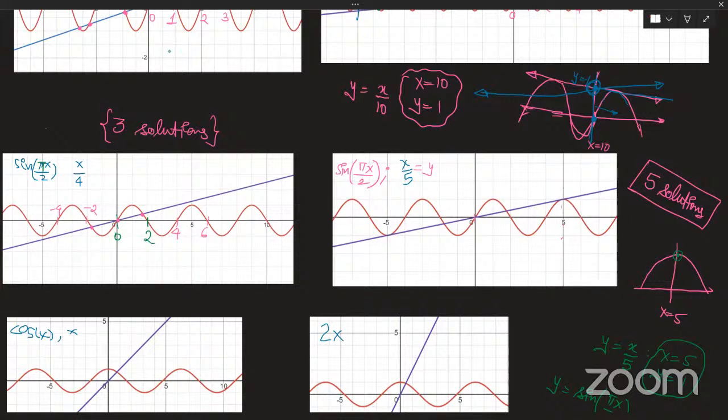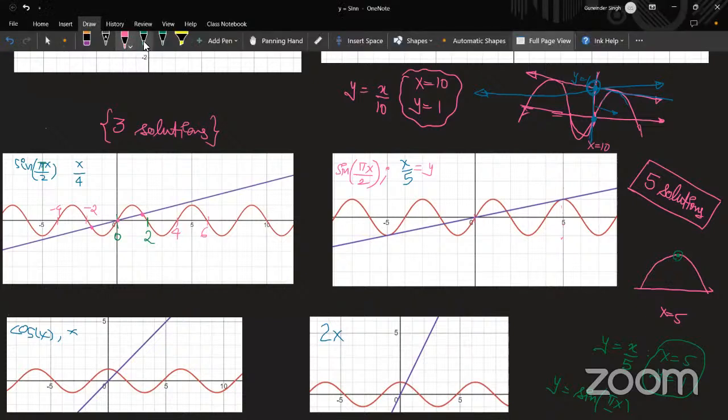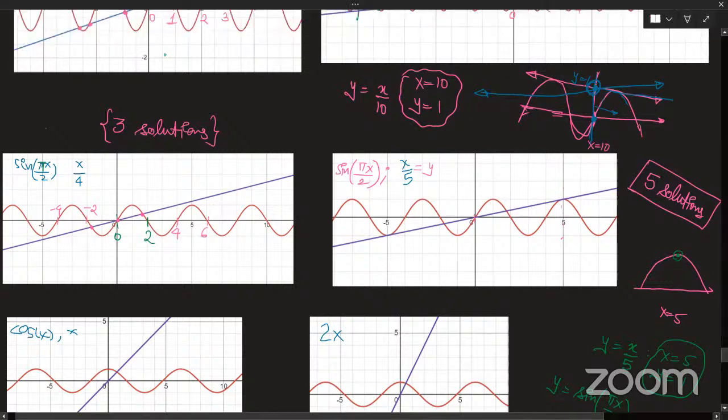So basically, I have drawn this figure over here for you. Both of these sine curves and my line are shown, and I will erase this vertical line to avoid confusion.